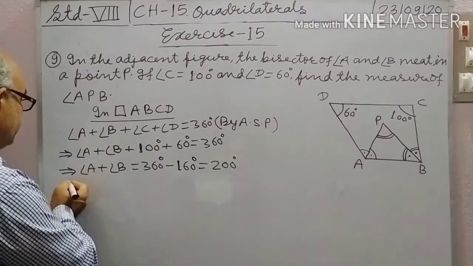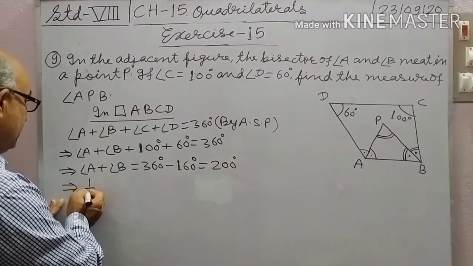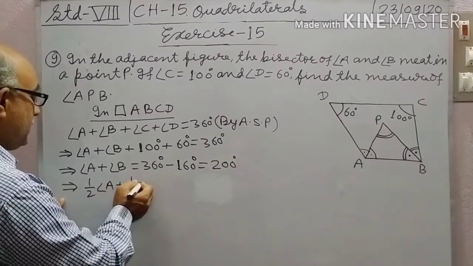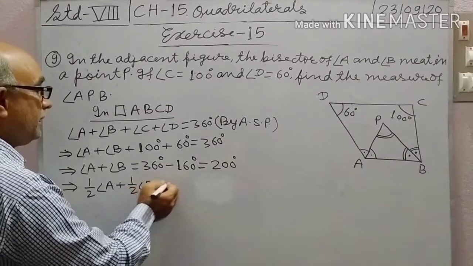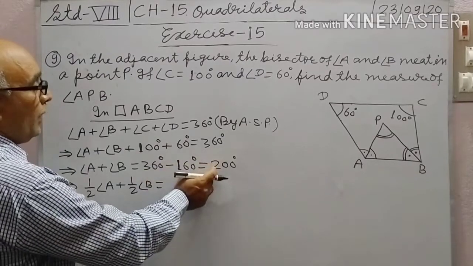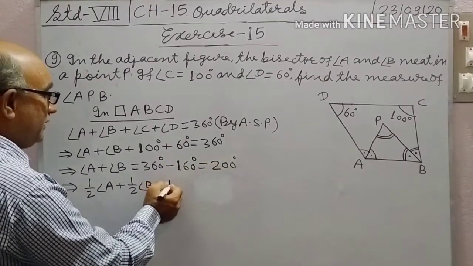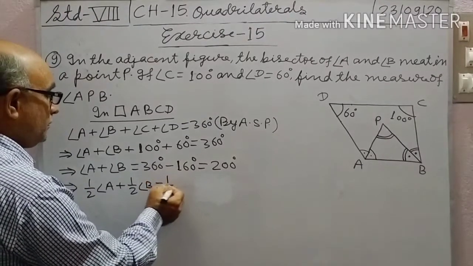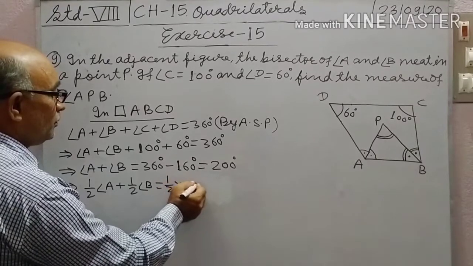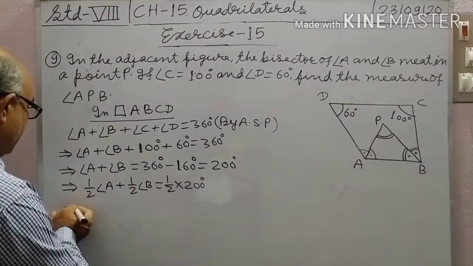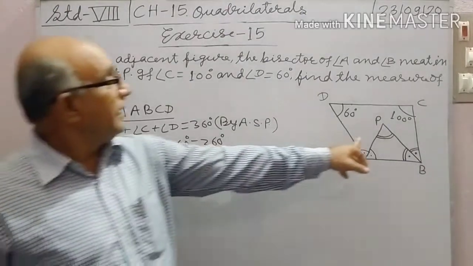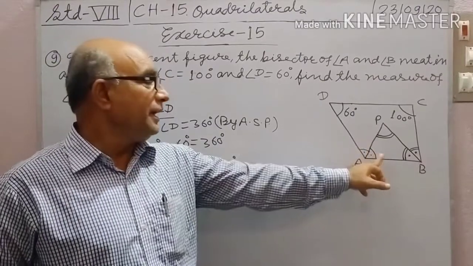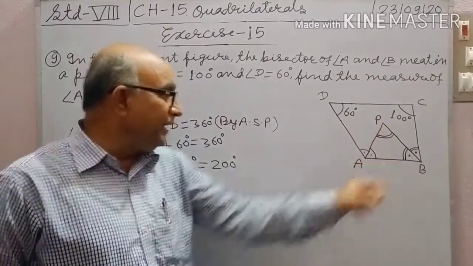Now half angle A plus half angle B equal to half of 200, that means 100 degree. This angle is half angle A, and this angle also half angle A. So half angle A equal to angle PAB.